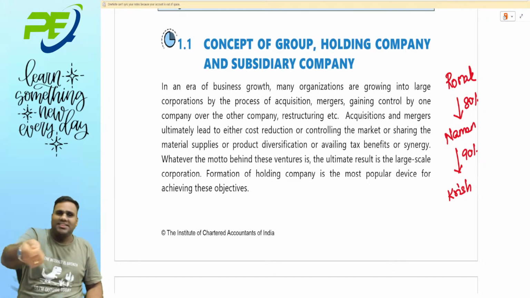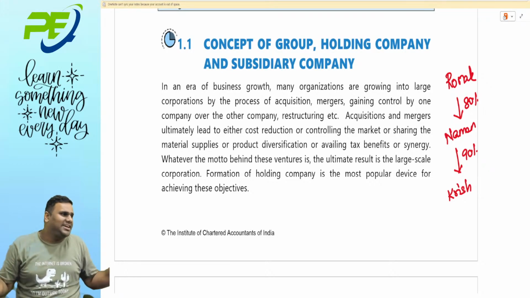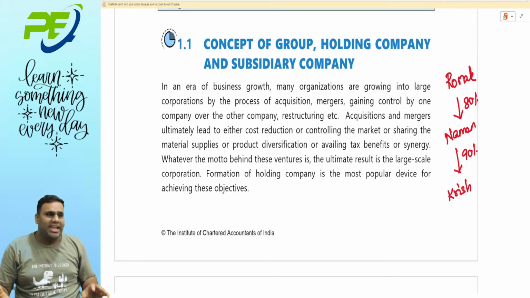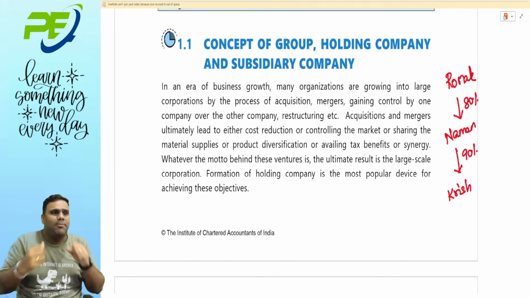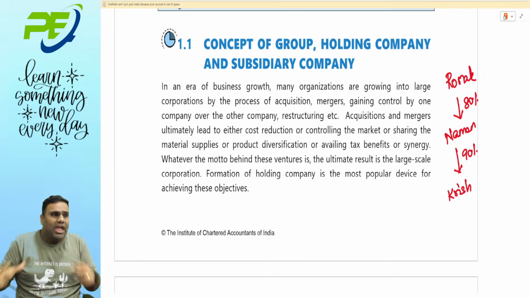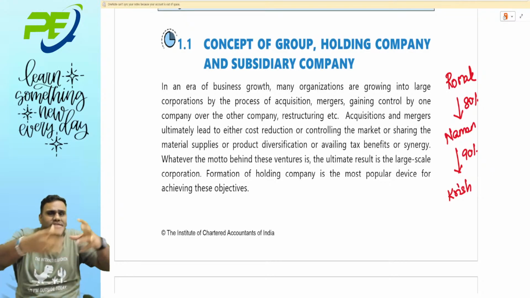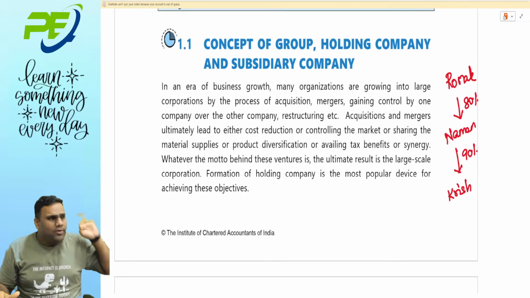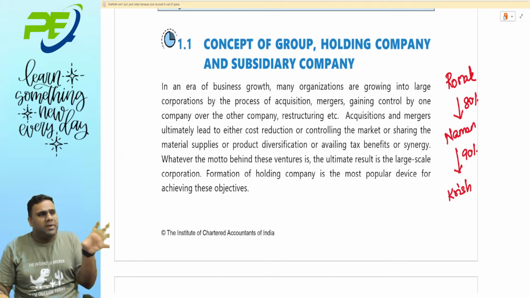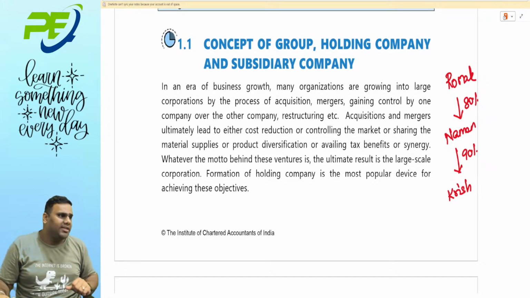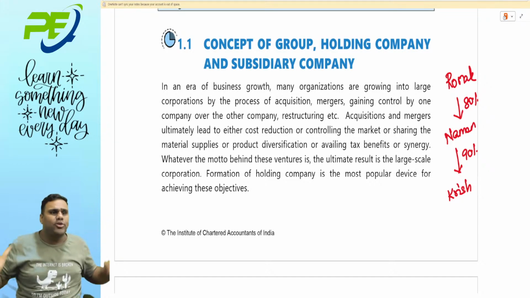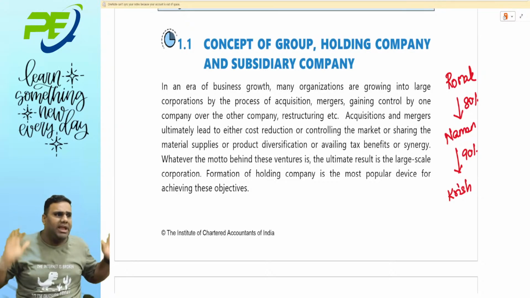Now, are these two connected? No. How do I manage these two businesses' expenses and revenue? How do I know which business is giving me more profit? For those purposes, we incorporate a different entity so that specific control can be given.